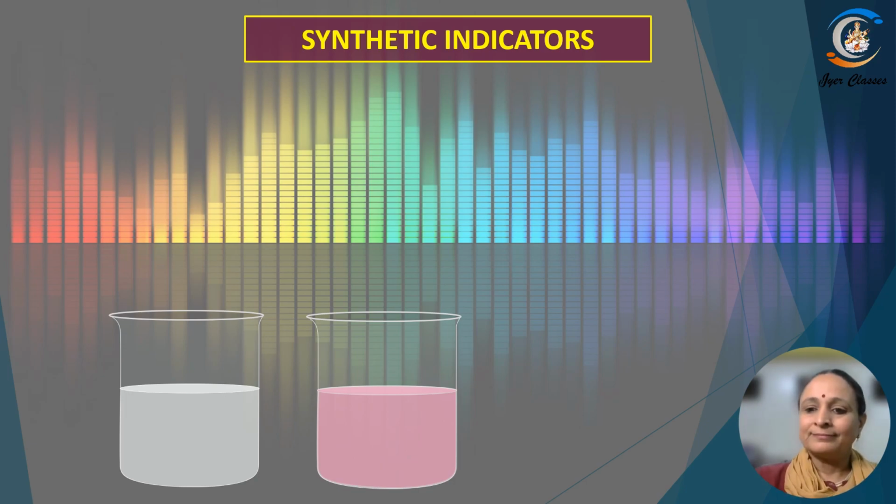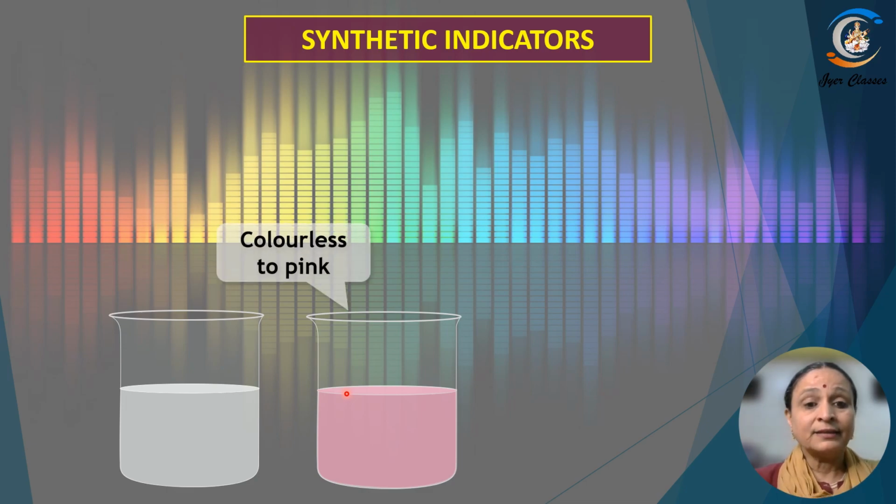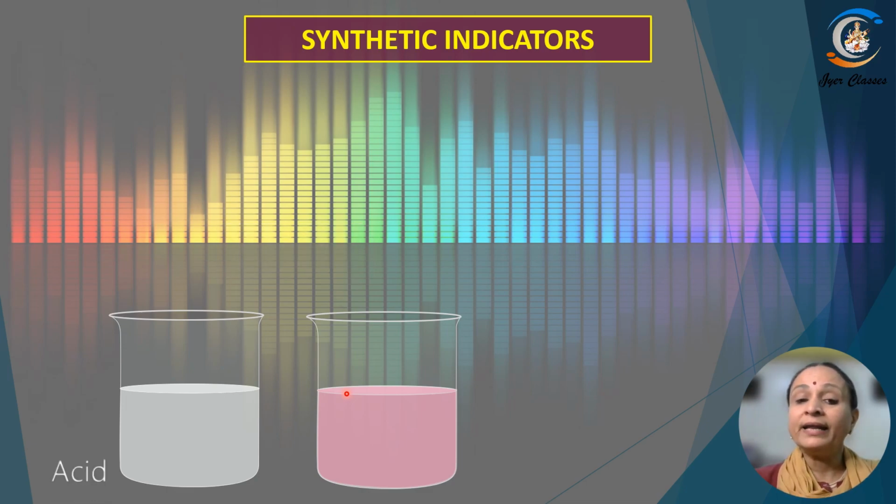When you mix them, one solution does not change color, but in the other one, the color which was transparent now gets converted into pink. Now what is that indicating? Colorless to pink indicates that the solution is a base.